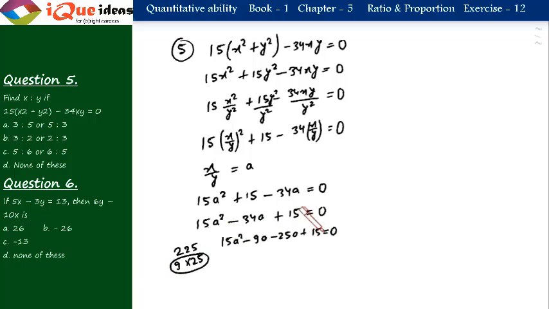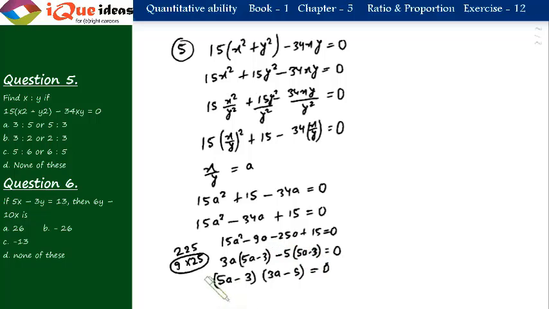Now from 15a² − 9a, we have 3a common, so we get 5a − 3. From −25a + 15 we have −5 common, so we have 5a − 3. Now 5a − 3 is common, and the other part will be 3a − 5, equal to 0.